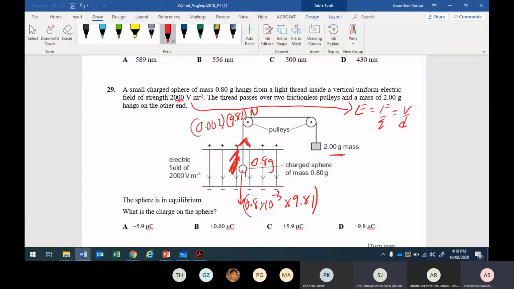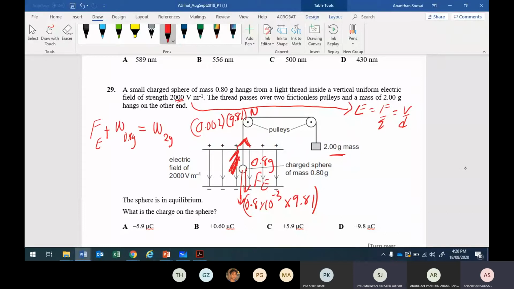So the electric force is acting down to make it in equilibrium. Therefore, the electric force plus the weight of the 0.8 gram should equal the weight of the 2 gram. So this is the conclusion.